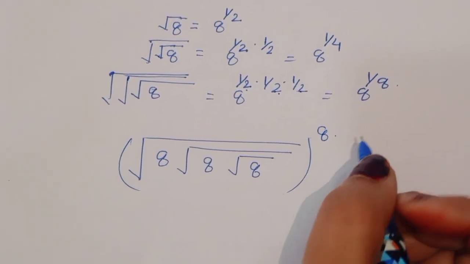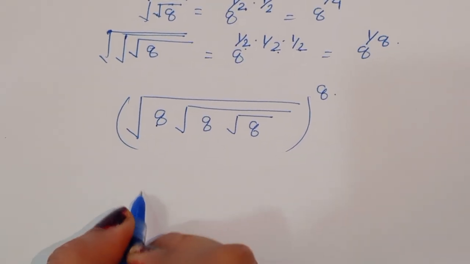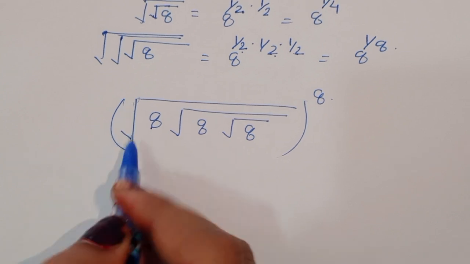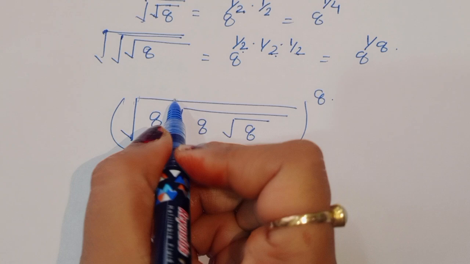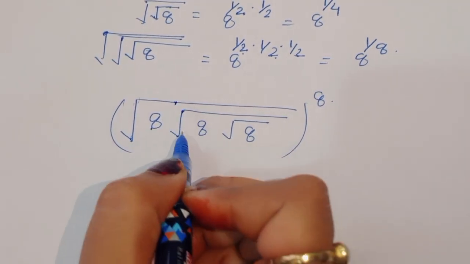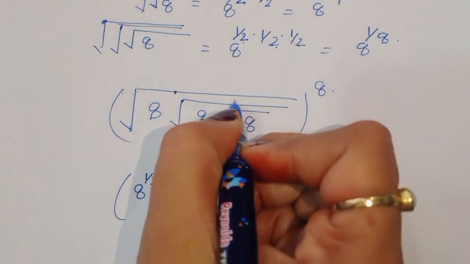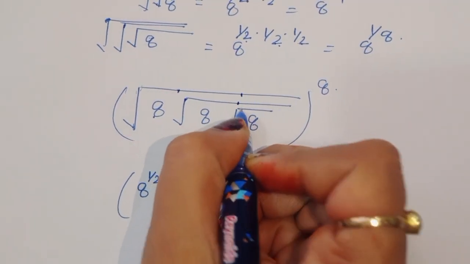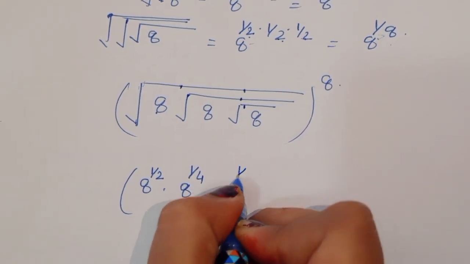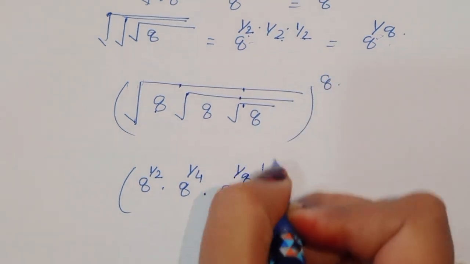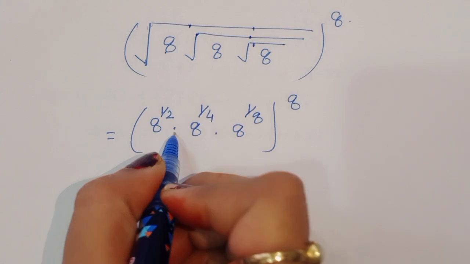Now the first square root of 8 is 8 power 1 by 2, then the double square is 8 power 1 by 4, and the triple is 8 power 1 by 8. So we can write this as 8 power 1 by 8, all to the power 8.